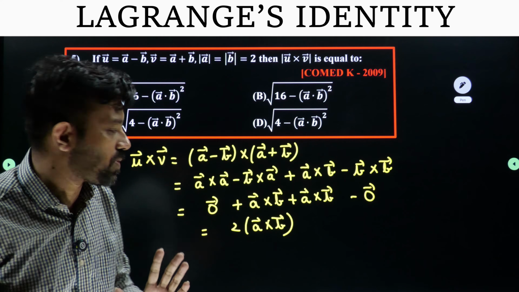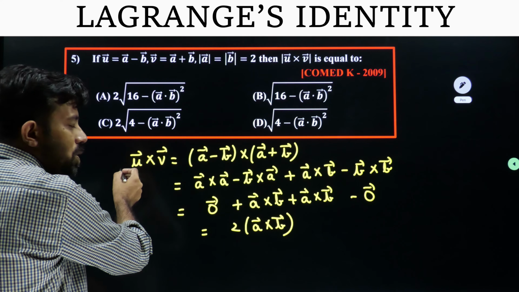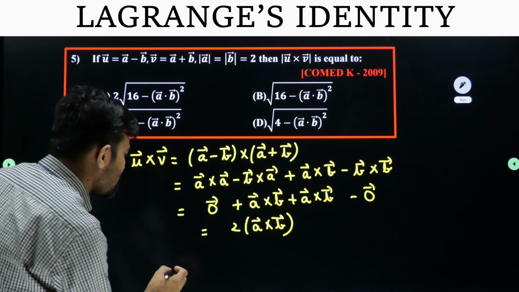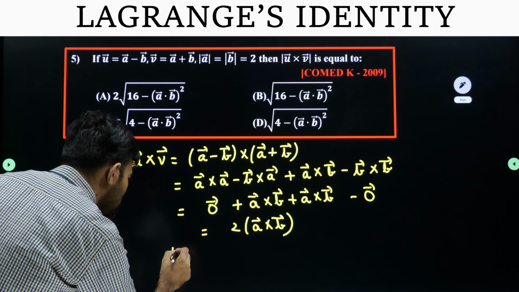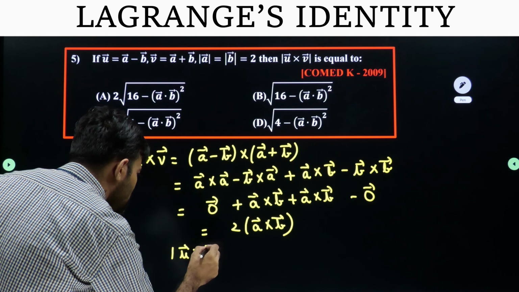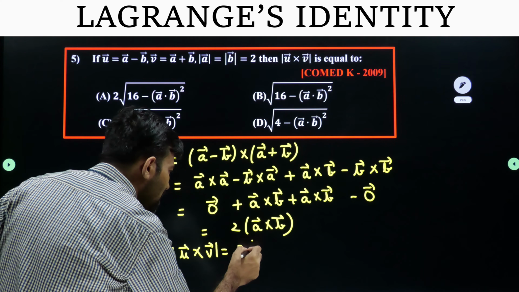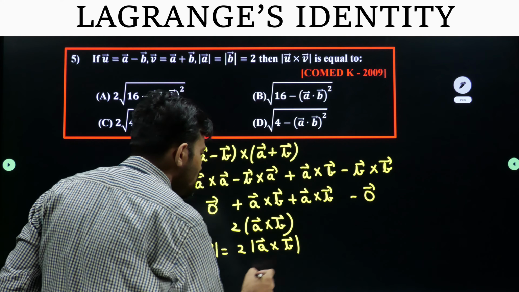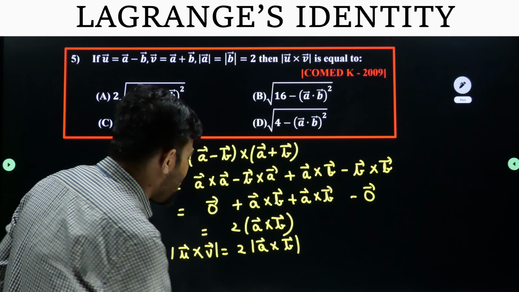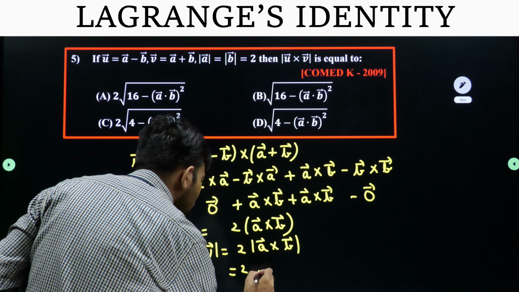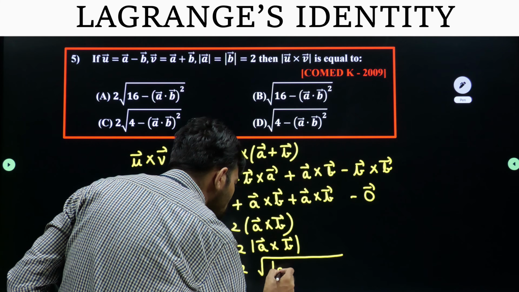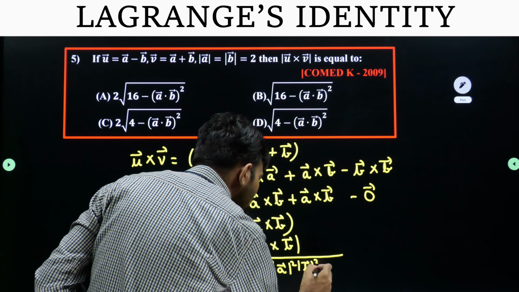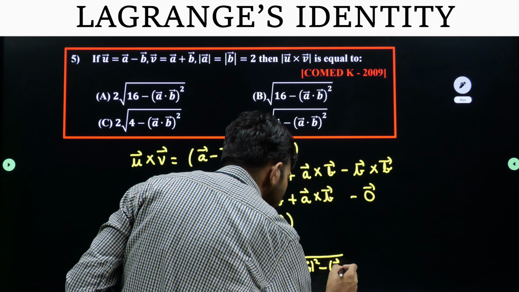Now take the magnitude. The cross product of U and V we got as 2 times vector A cross vector B. Taking magnitude on both sides, magnitude of U cross V is equal to 2 times magnitude of A cross B. By using Lagrange's identity, I can write this as 2 times the square root of magnitude of A square into magnitude of B square minus A dot B square.